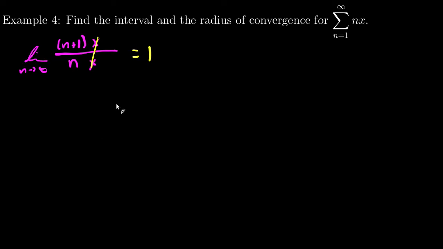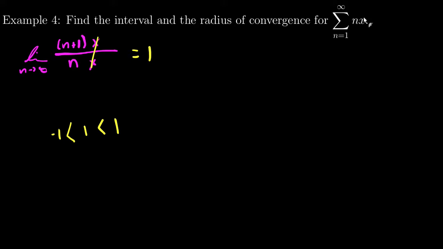And we have to ask ourselves, when is 1 between negative 1 and 1? And the answer is, well, it's never between those. And so, almost regardless of what we put in for x, it won't converge.